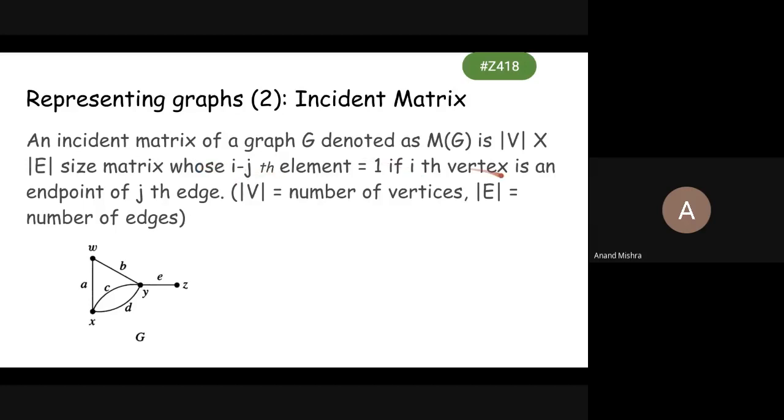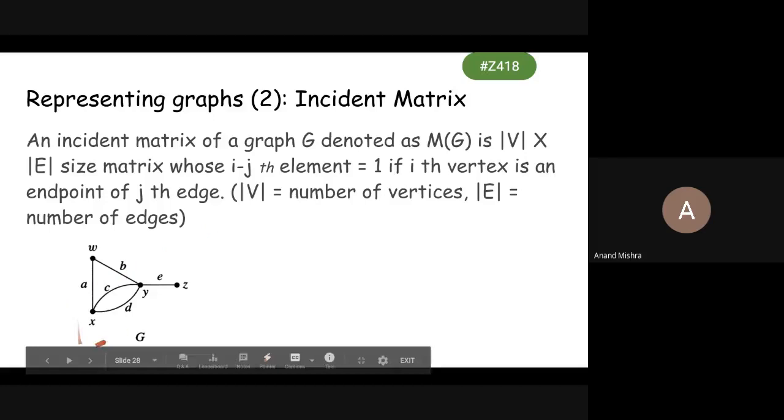The ijth element is 1 if the ith vertex is an endpoint of the jth edge, right? For example, for this particular graph, what will be the size of the incident matrix? Anyone?